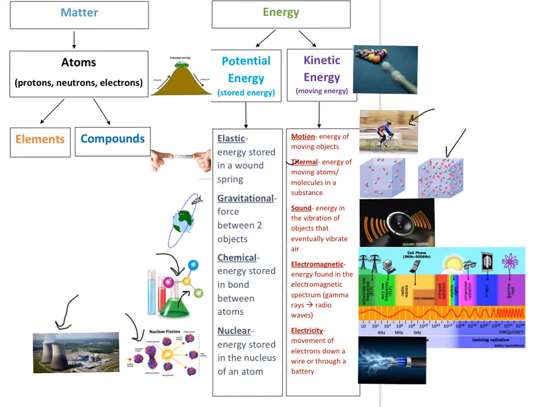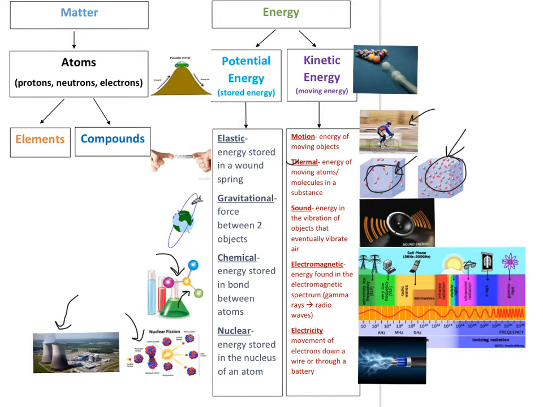If atoms and molecules are moving very slowly, then they have low thermal energy, and those are going to feel cold. If they are moving very fast, they have high thermal kinetic energy, and they're going to feel hot. And we're going to figure out why in the next unit.